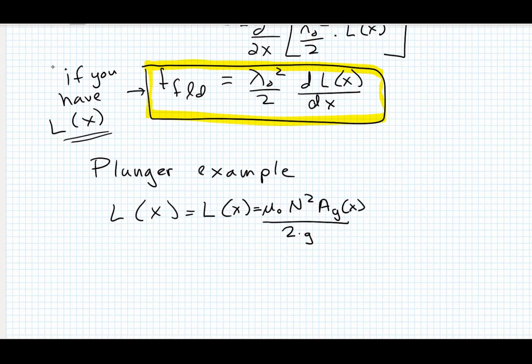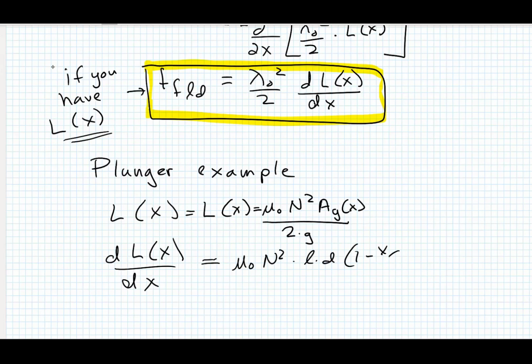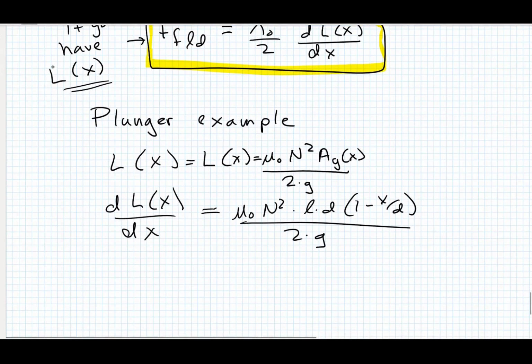So the derivative of that, remember, is mu naught n squared LD times 1 minus x over d, over 2 times g.